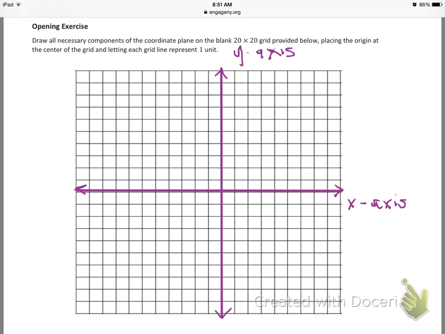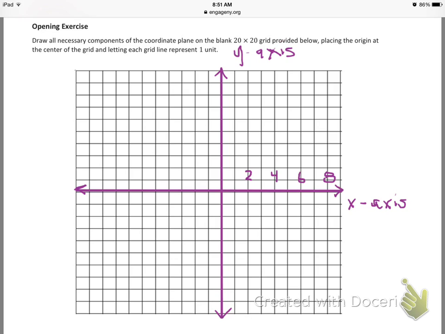Okay, the next thing we need is just some numbers. So we need our scale on here, and we said that each line is going to be representing 1. So I'm going to just write in by 2s. So I'm going to skip 1, and there's a 2, and then a 4, and then skip 1, there's a 6, and then skip 1, and that's an 8.